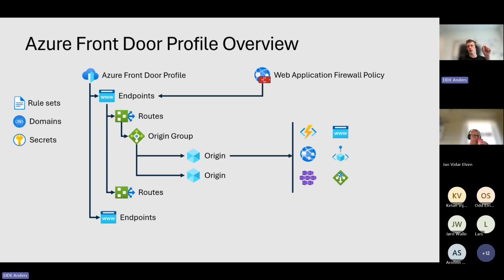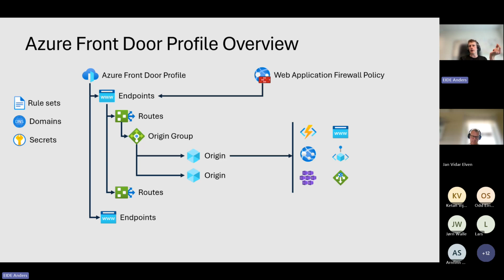In addition to the specific routing elements, Front Door also has a quite strong rule engine where you can do, for example, URL rewrites, add additional headers, or remove data which is coming from the backends. You have a huge set of capabilities there. And you can, of course, bring your own custom domains and certificates.